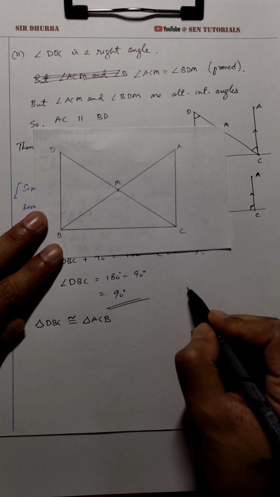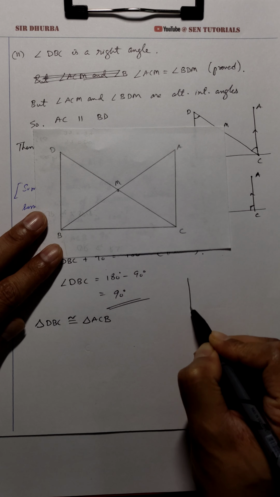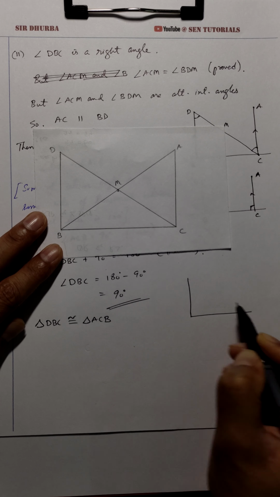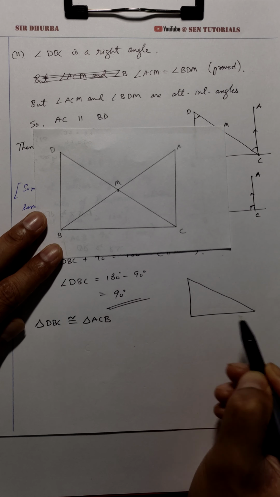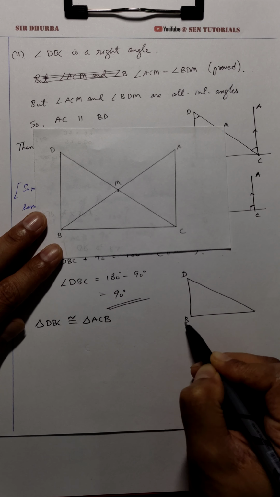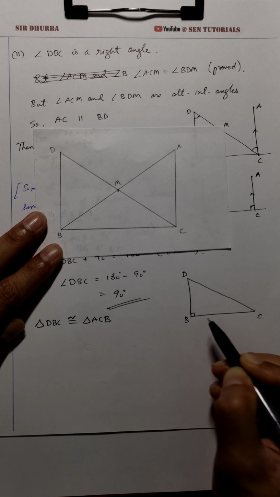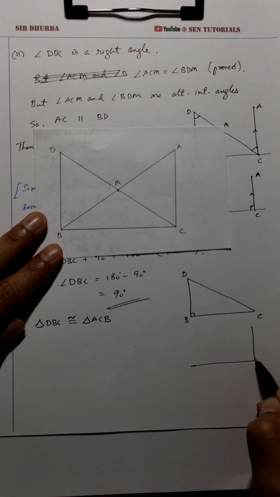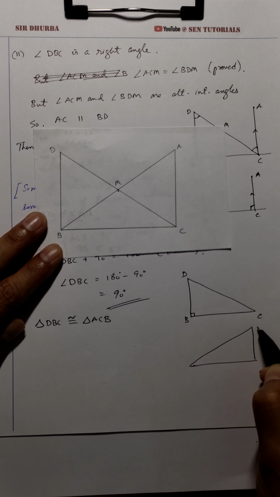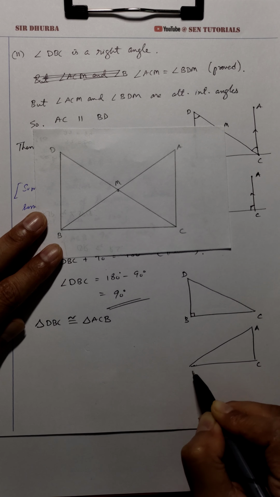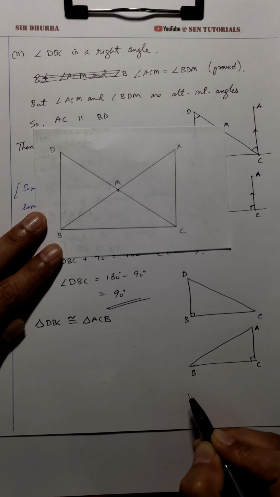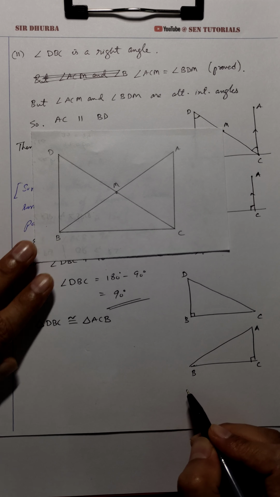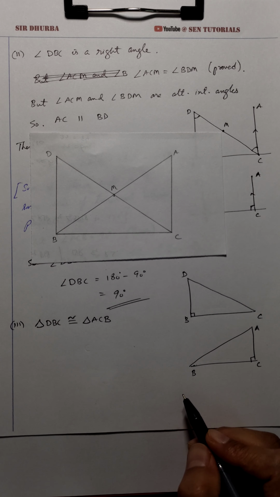Let me just draw that triangle so that there is no confusion. So triangle DBC, we've just proved that this is 90, is congruent to triangle ACB, this is also 90. All right, so let's go for the proof.